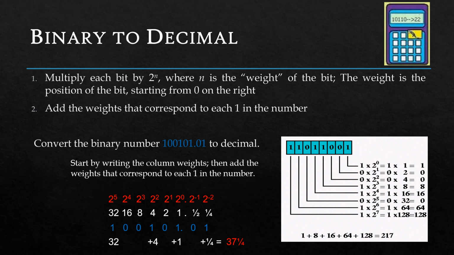Now let's look at an example. We are given the number 11011001. Let's start with the LSB. The LSB is 1, so its positional weight is 2 power 0.